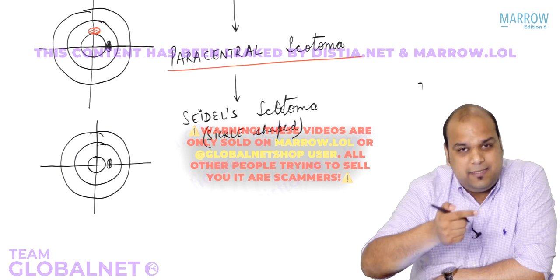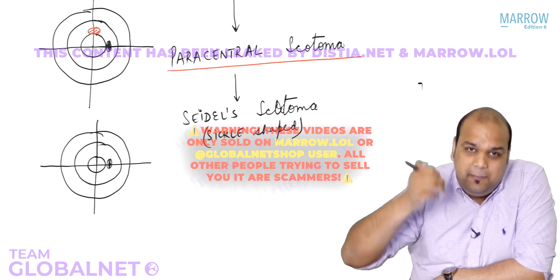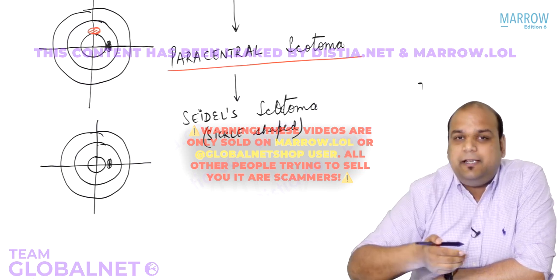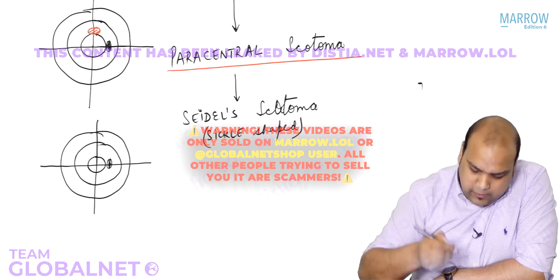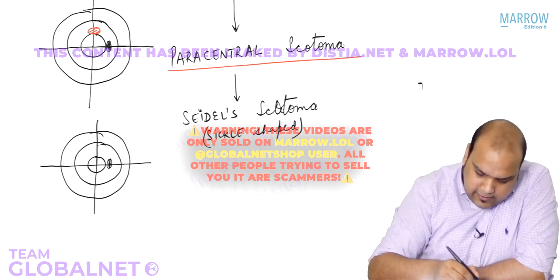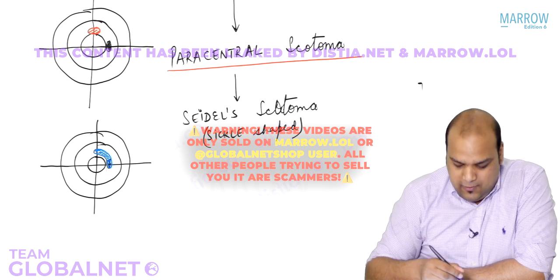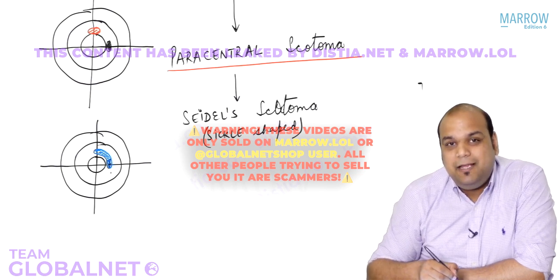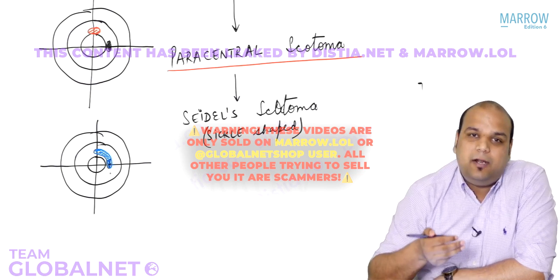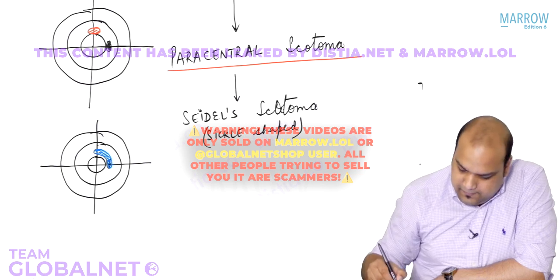One scotoma which has occurred due to glaucoma, one blind spot which is normally present in everybody. The two will link together. When the two will link together, it will be something like this. Yes? Try to imagine a continuation of the paracentral scotoma. What kind of shape has it assumed, everybody? A sickle shape, and this is called as Siedel's scotoma.